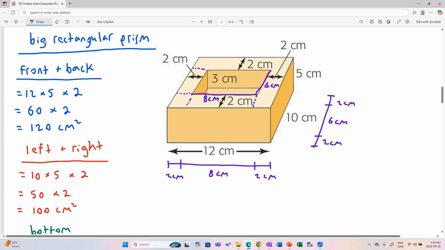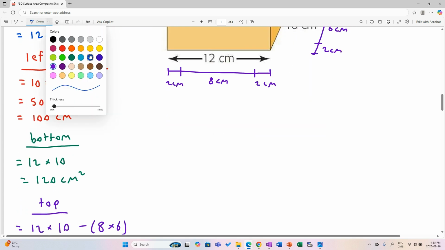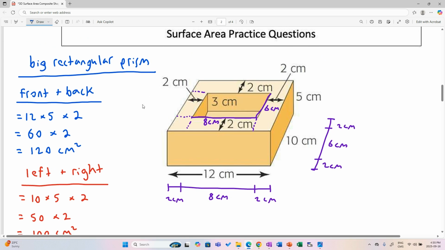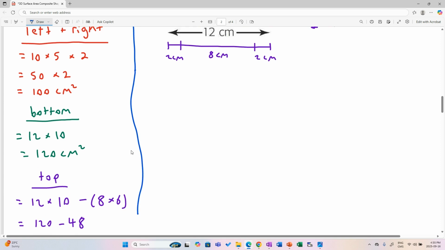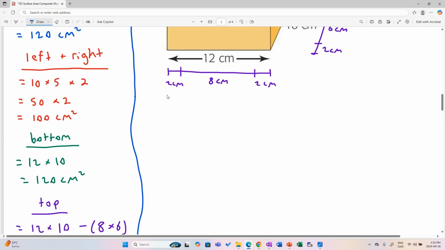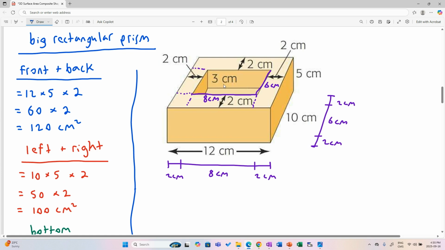Now I'm just going to draw some lines here to divide this up. Now I'm going to focus on the inside of this box here.